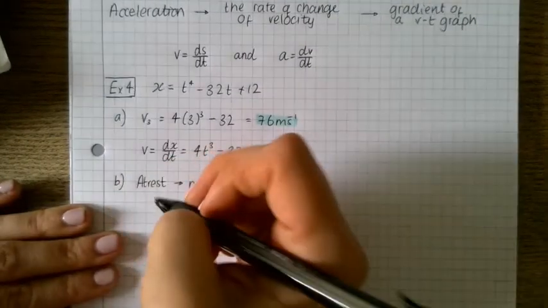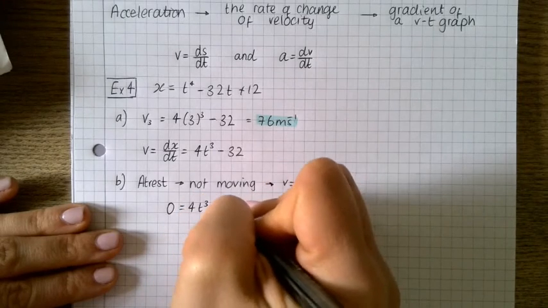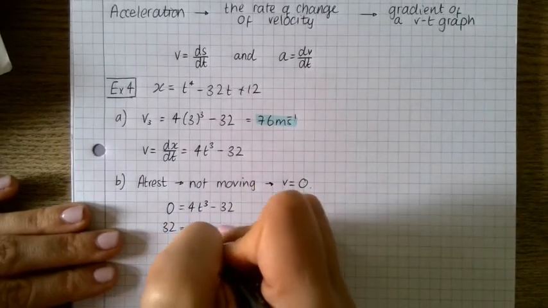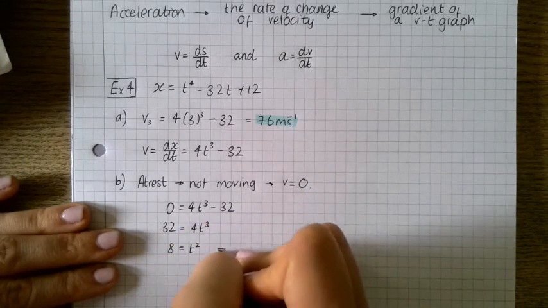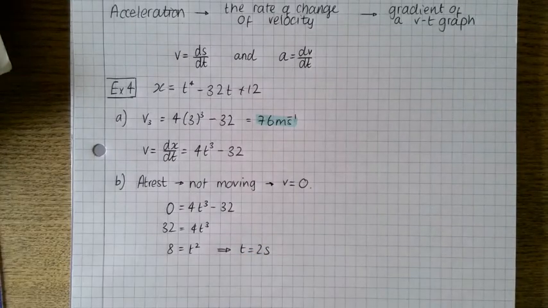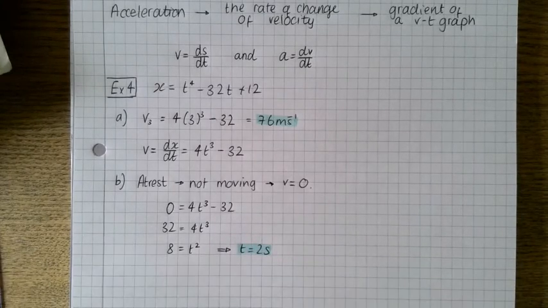So I'm going to have 0 equals 4t cubed subtract 32, and then this is quite a simple equation to solve. So at 2 seconds into the motion of the particle, it is at rest. It's not moving.